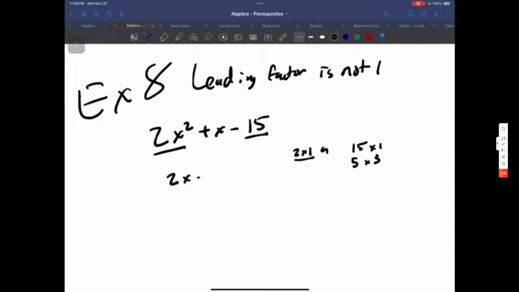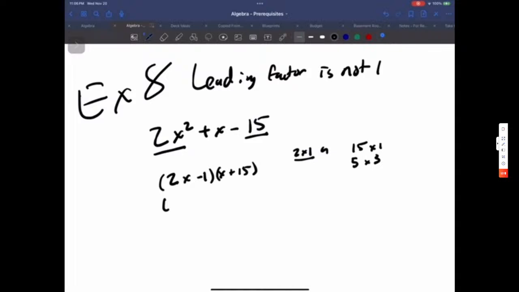2x minus 1 times x plus 15. Remember that you're looking for a negative 15. So the only possible combinations of signs have to be that the signs are flipped.